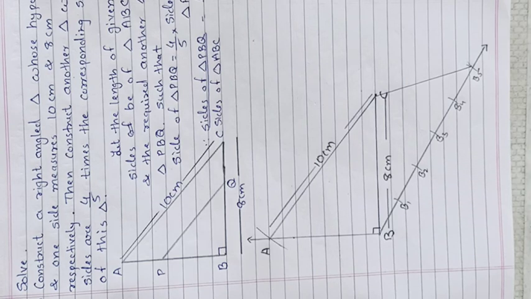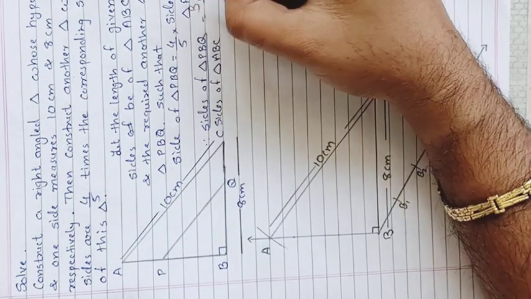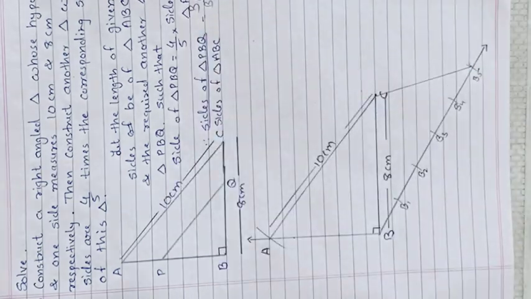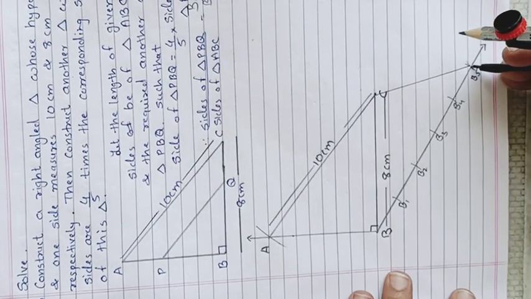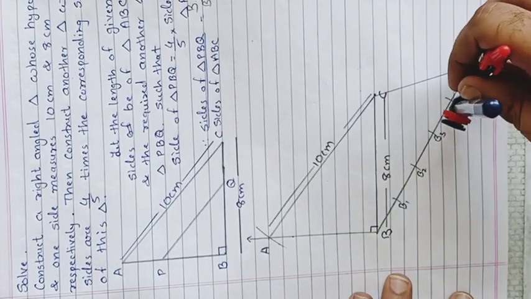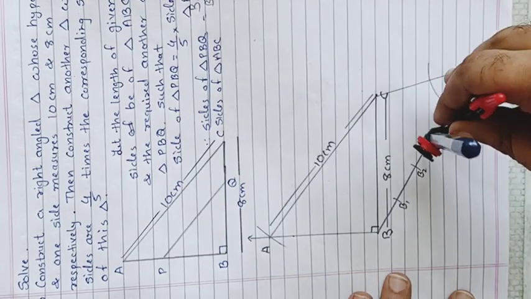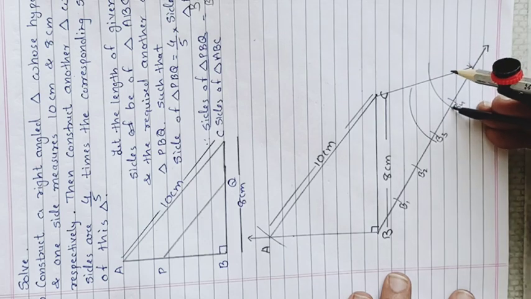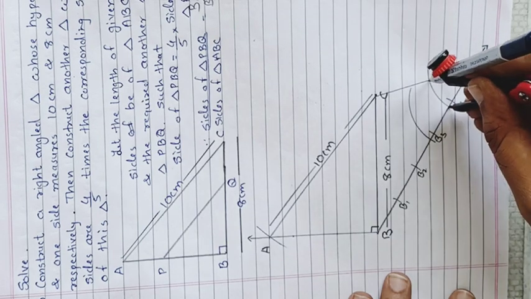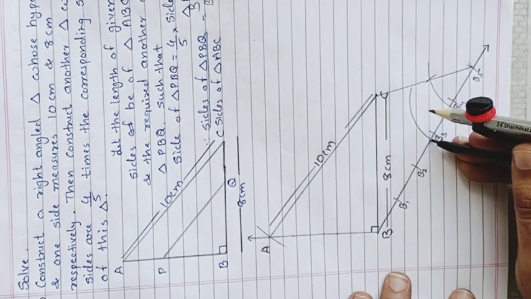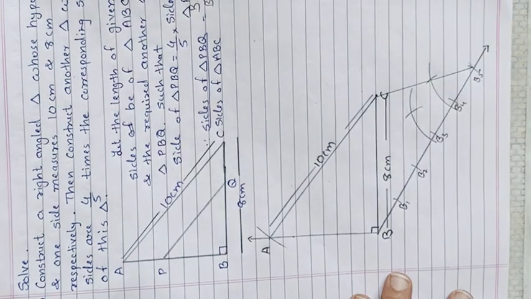I need to make now B4 congruent to B5, B5 already I know. So an arc from B4, again one more arc. The distance between these two arcs and the distance between these two arcs.